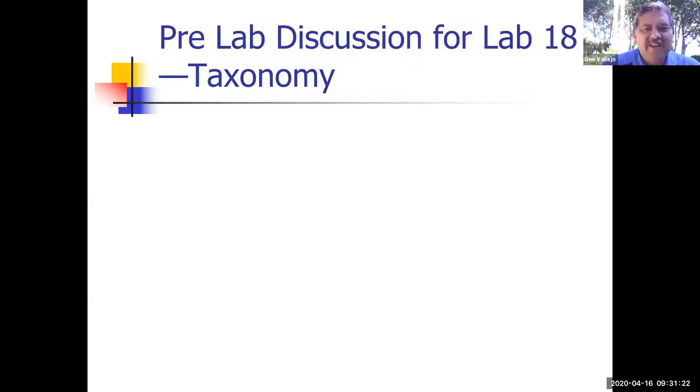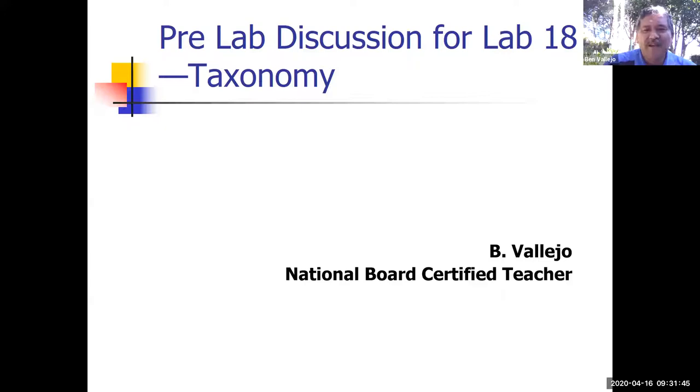And after that, you will be using your dichotomous key to classify plants that are very close to you. So let's go ahead and give you all the details that you need in order to do great on this week's virtual lab. Okay, all right.